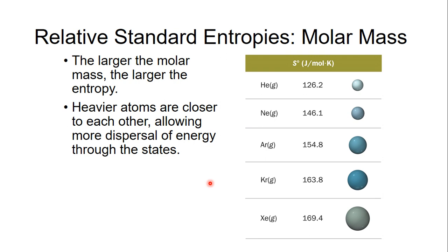And for standard entropies, as you get heavier, the bigger your molar mass, the more entropy you have, because you have different states you can put your electrons in. You have more electrons, you have more protons. Since you have more stuff, you have more ways you can distribute energy, so you have bigger entropy.